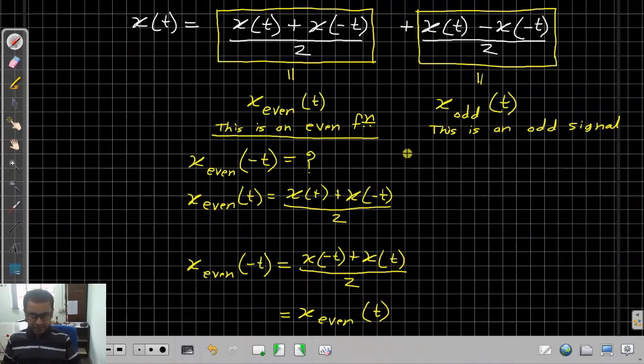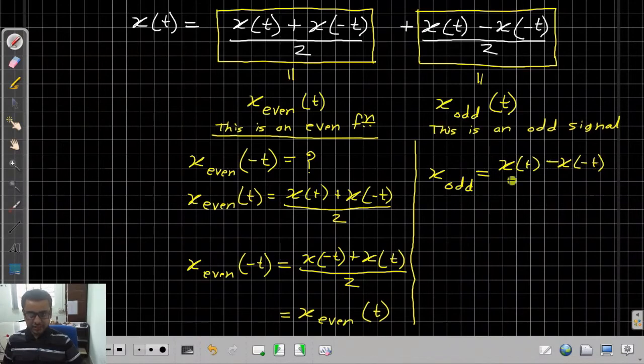Okay. Similarly, on this side, let me start with the definition of x odd t, which is this: x(t) minus x(minus t) whole divided by 2.